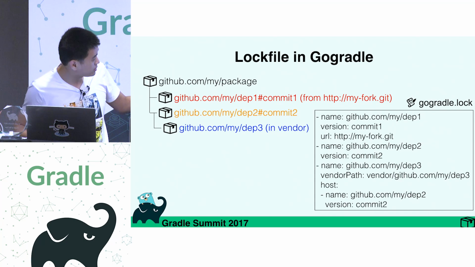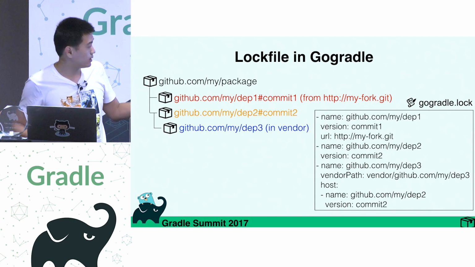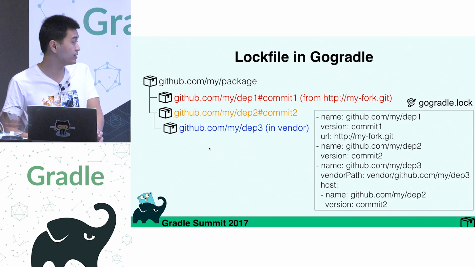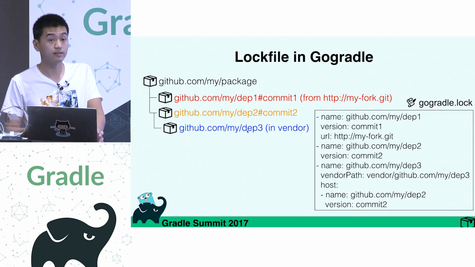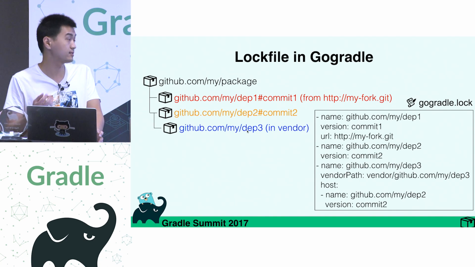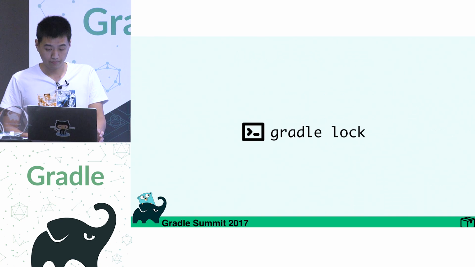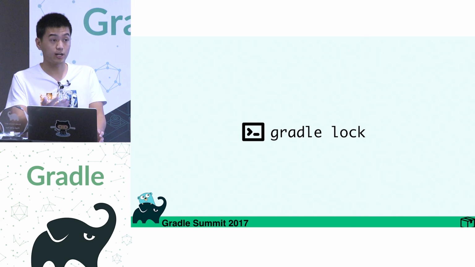And the interesting one is the last part. It has a host and a vendor path because it is a vendor transitive dependency existing in another package's vendor directory. So we just need to run Gradle lock to generate that file, so the dependencies will be restored in future.